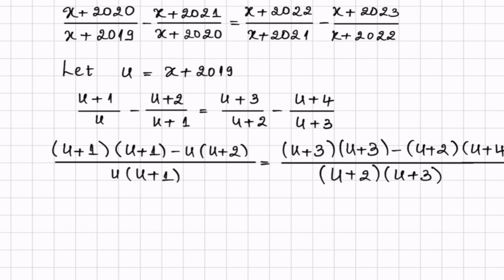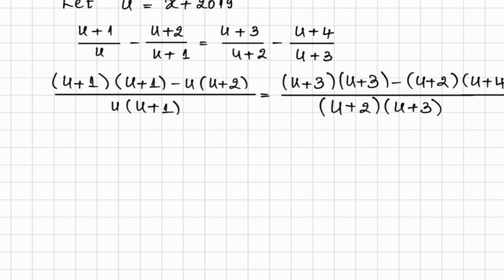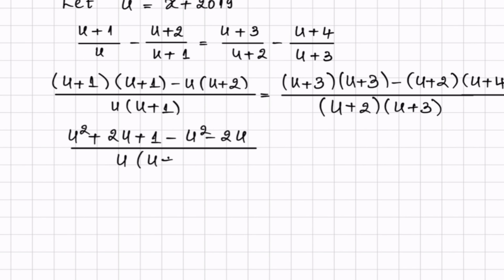Okay, and then calculate the first side. So we will get u square plus 2u plus 1 minus u square minus 2u, and then over u plus 1 here, and then equal to the second side, also the same.